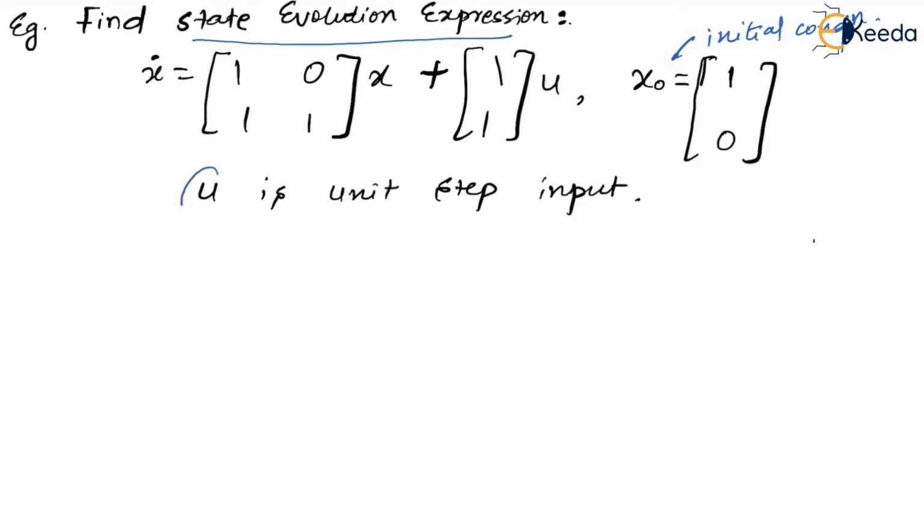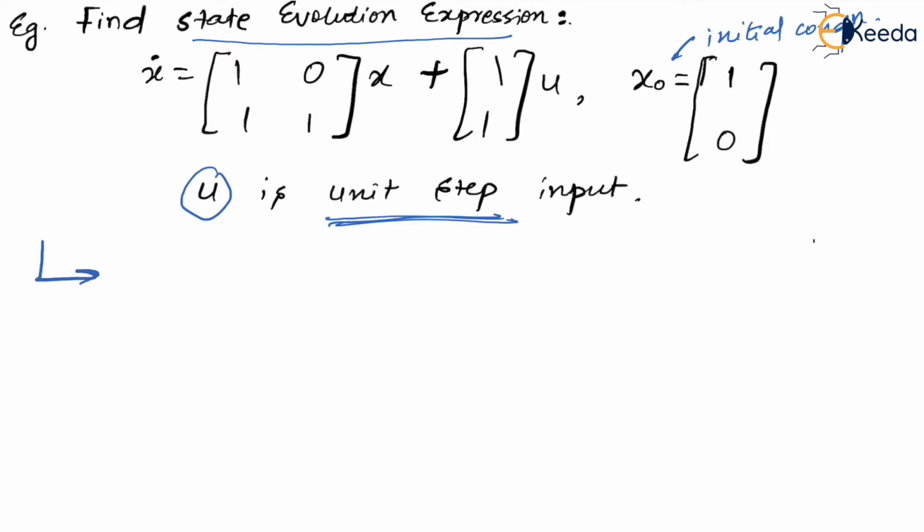U is always an input. It can be ramp, step, parabolic, any input. But in this example, the input given is a unit step input.